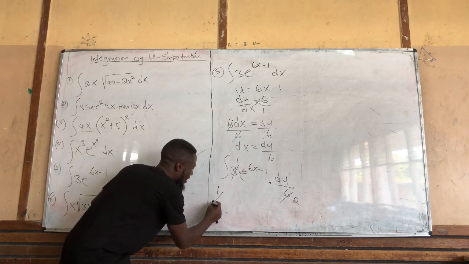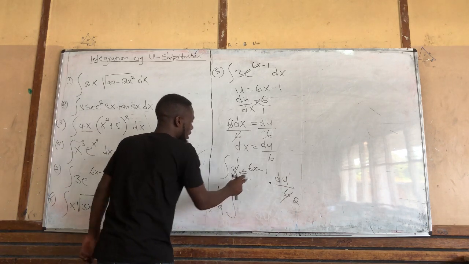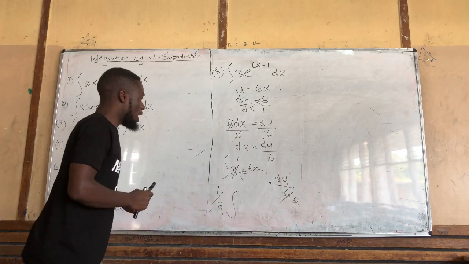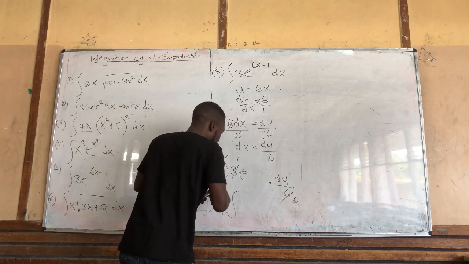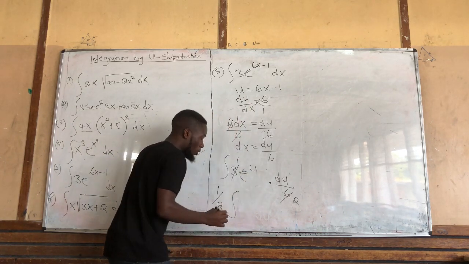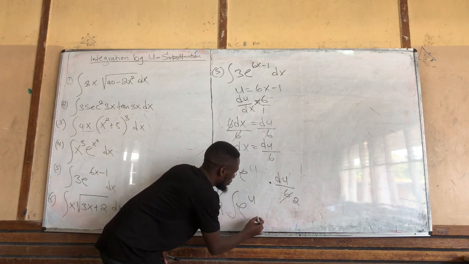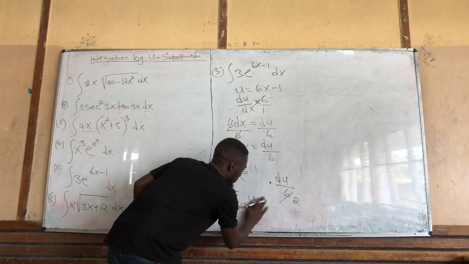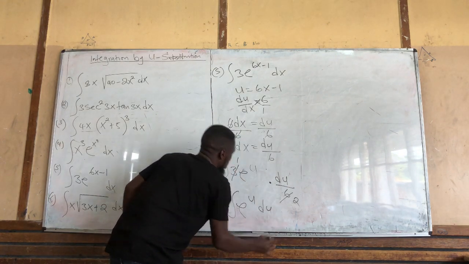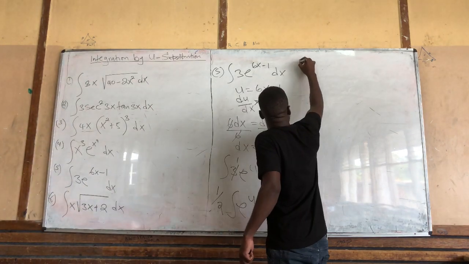We can bring it outside, 1 over 2, integral of e to the power u, since this is now u, multiplied by du here. Okay? So let's bring it here.